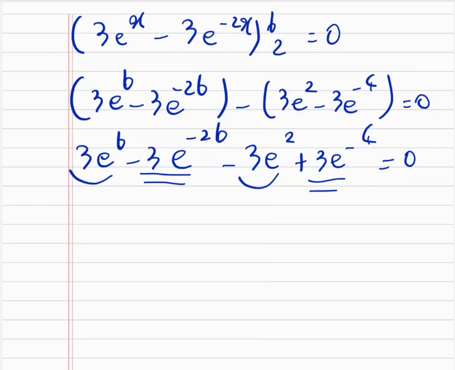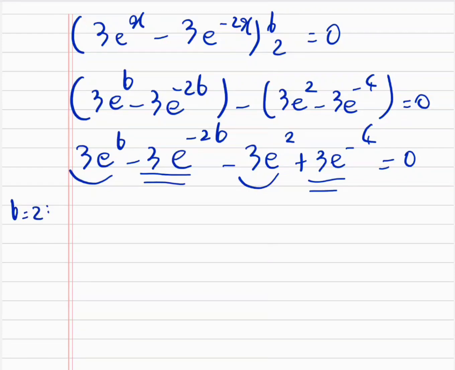Here is 3, here is minus 3, and both of them have e. This is e squared, this is e to the power of b. So hypothetically, if we take the value of b as 2, then these two terms will actually cancel.